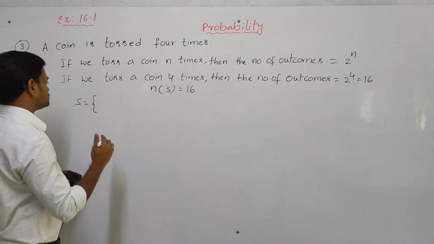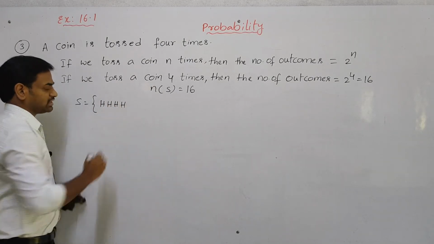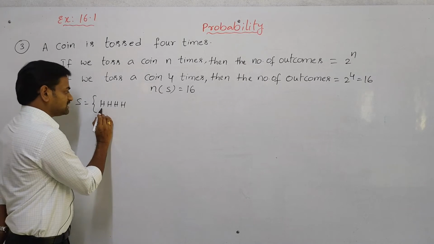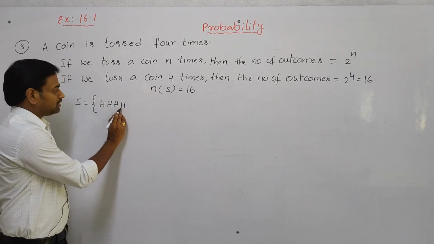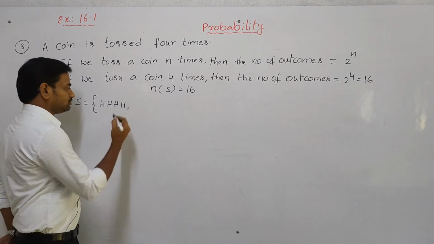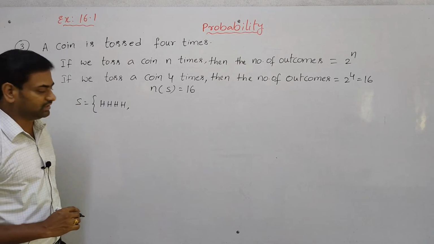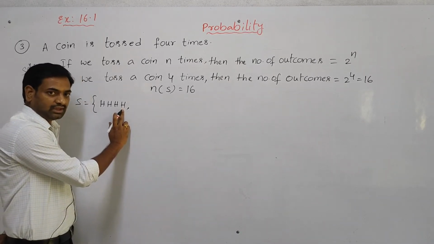See here, what are the possibilities? All heads: first time head, second time, third time, fourth time. So it is one of the possibilities. Next, in place of head, I am taking tail.